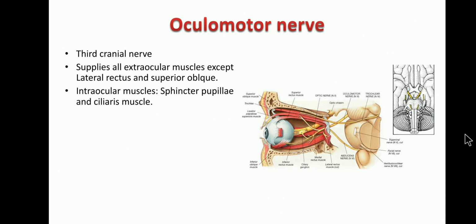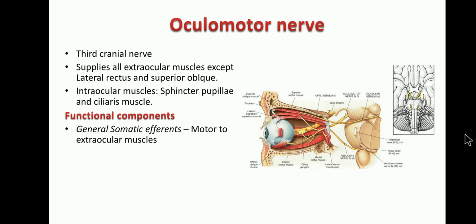So, the components mainly, it consists of general somatic efferent. So, general somatic efferent, somatic means body and efferent is always the motor. So, it is motor to the extraocular muscles. General somatic efferent is actually motor to the extraocular muscles.